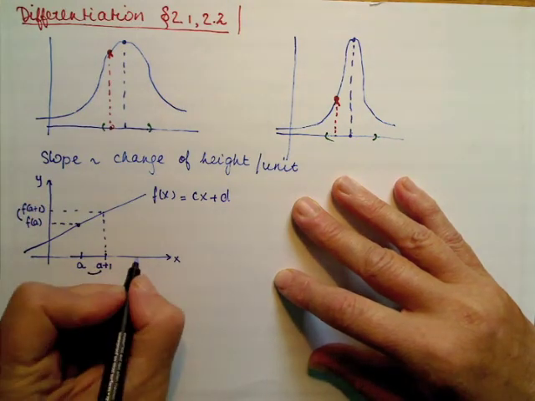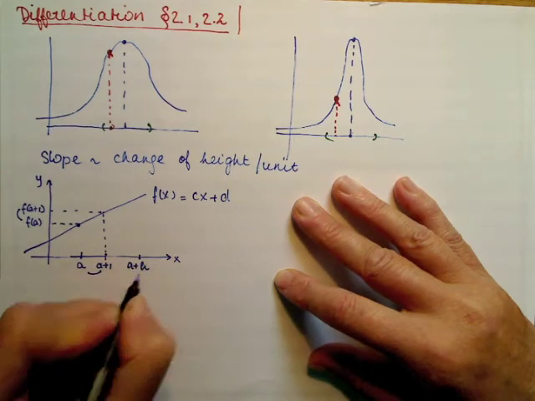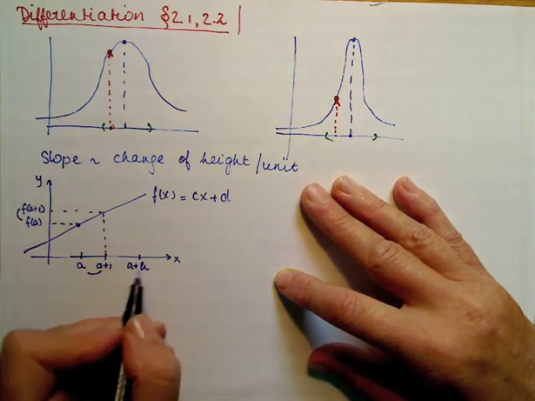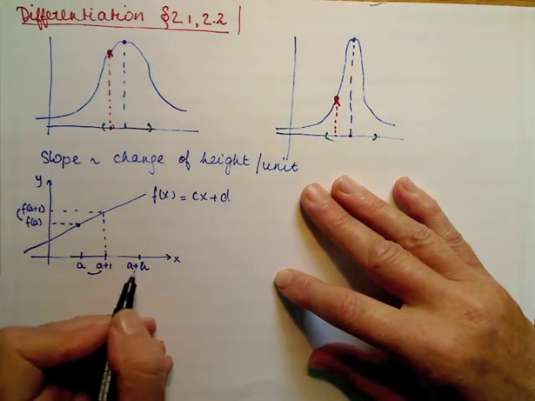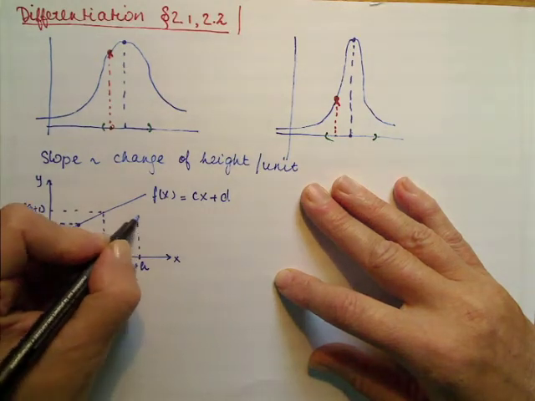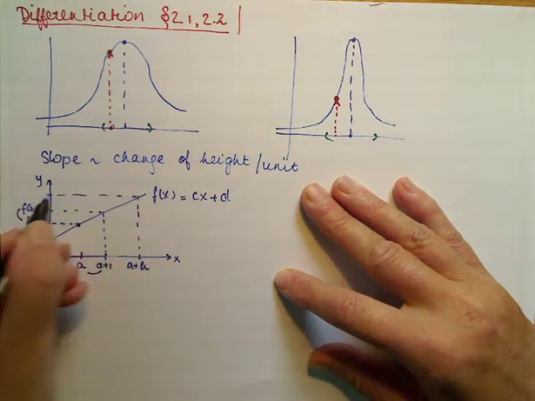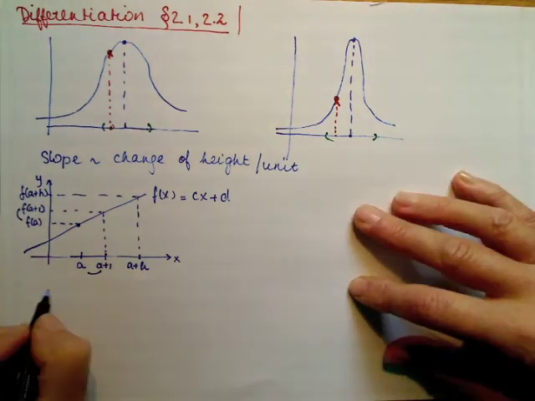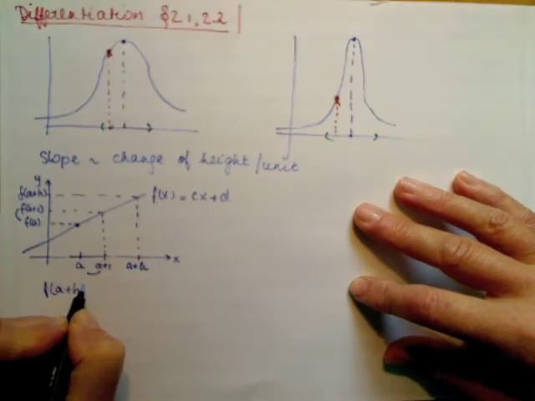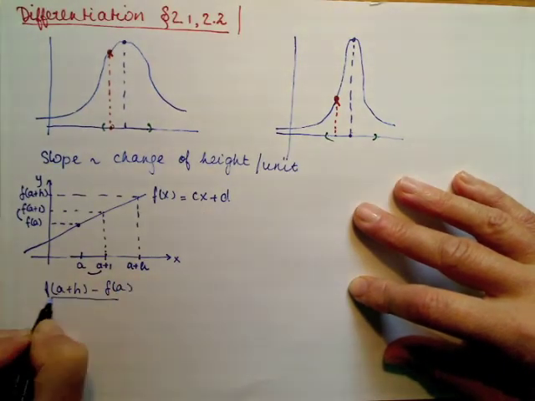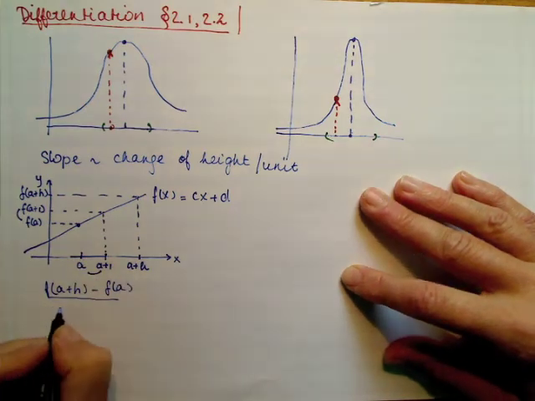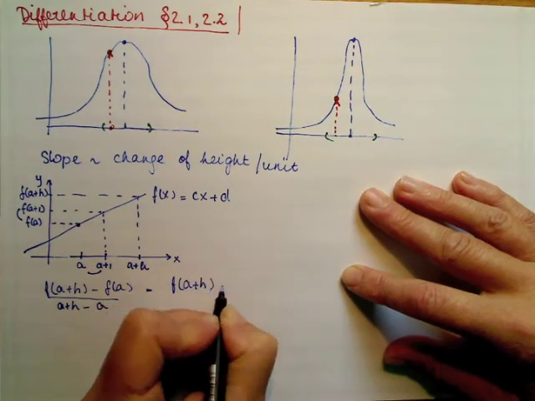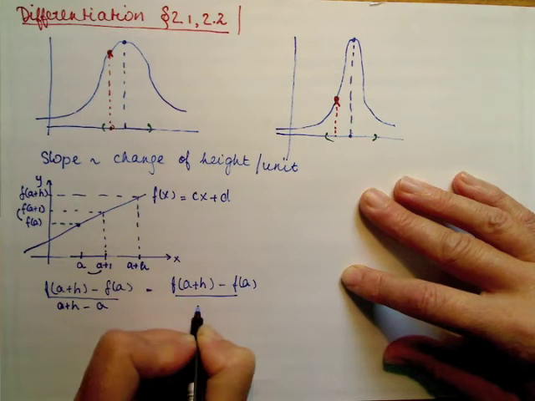Now, since the slope is constant, it doesn't really matter. We can also compare the height at the place with our coordinate a to the height at the place with coordinate a plus h. We compare the difference in heights, and we divide by the difference in coordinates, so we divide by h.